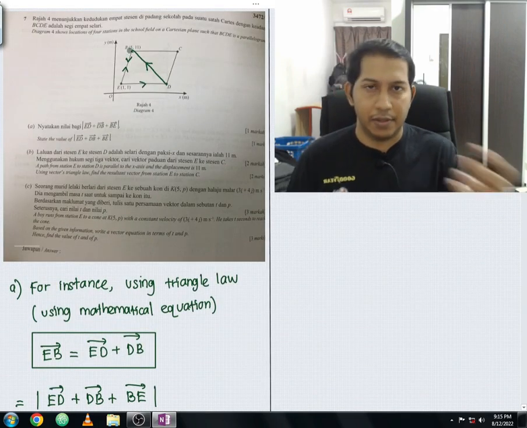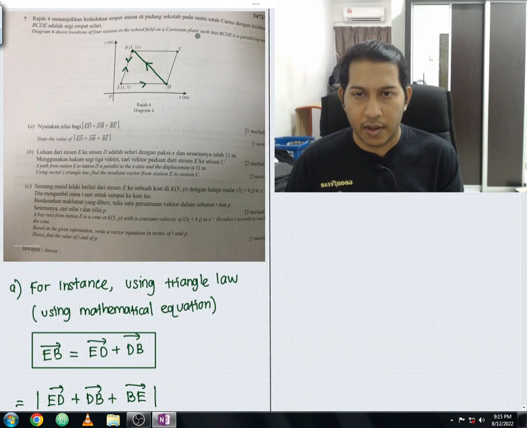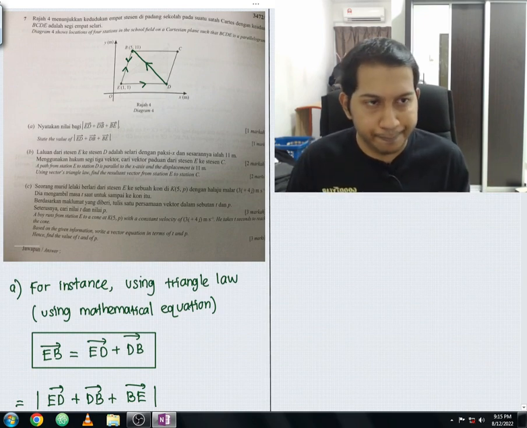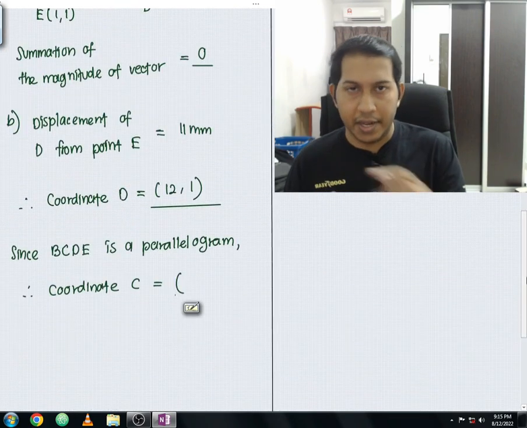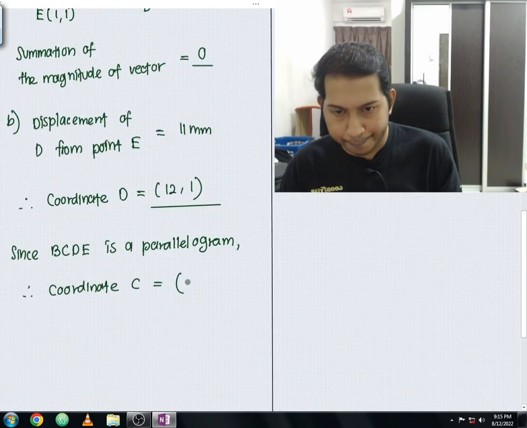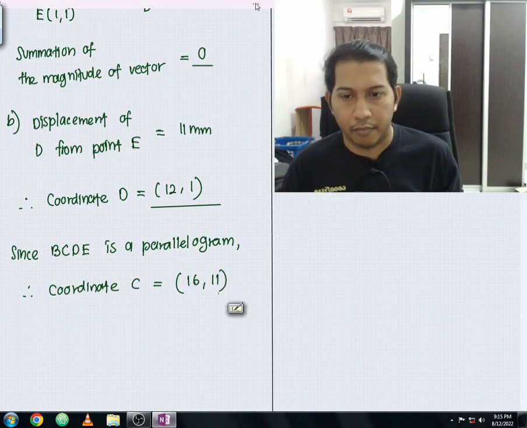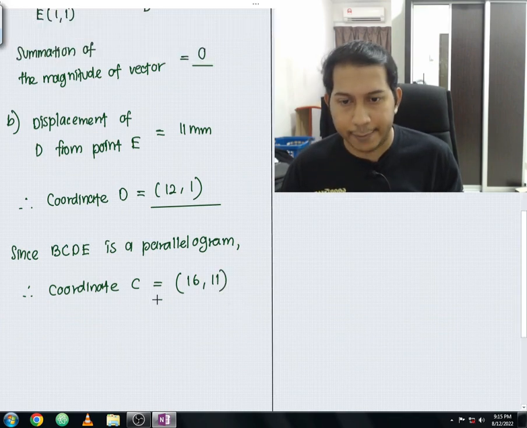So 5 plus 11, you get 16. So from here you get your coordinate C is 16, 11. So coordinate C in this case is (16, 11). Close bracket.